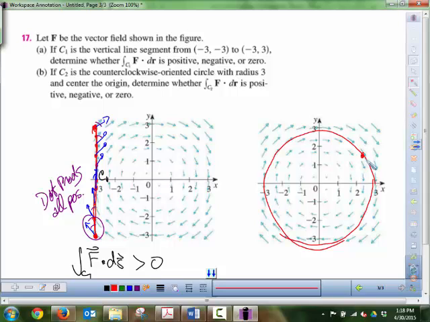At each point where my tangent vectors would be going in the counterclockwise direction like this, and my vector fields look like they're going totally opposite of that, what can you say about this line integral? Line integral is 0. The line integral over C2 is what? No, it's negative.